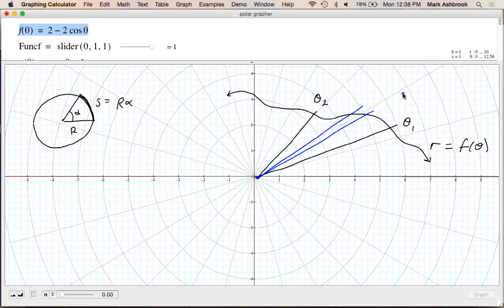Because it's always going to come to a point at the pole. So it's not a rectangular strip anymore, but a triangular sliver. So our little bit of area is going to be based on the area of a triangle: one half base times height.